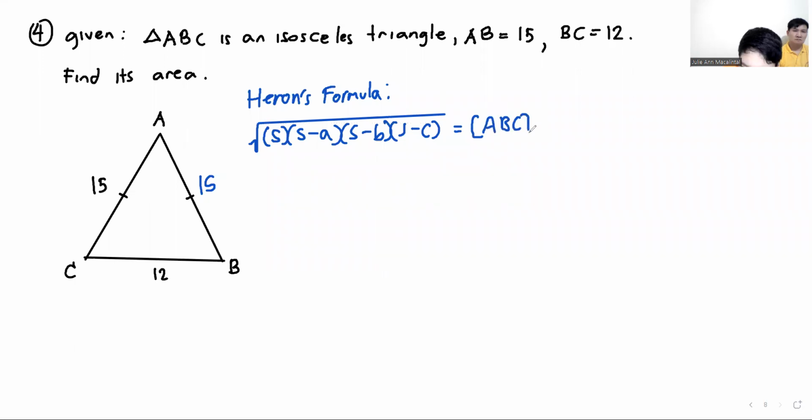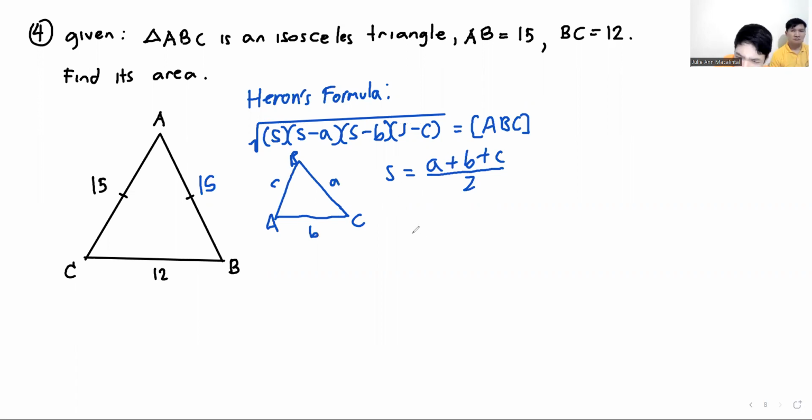This is true for any triangle, scalene or obtuse, whatever. Let the sides be A, B, C. S is the semi-perimeter, or one half of the perimeter: A plus B plus C over 2. This can be proven in a multitude of ways, one involving the cosine law.